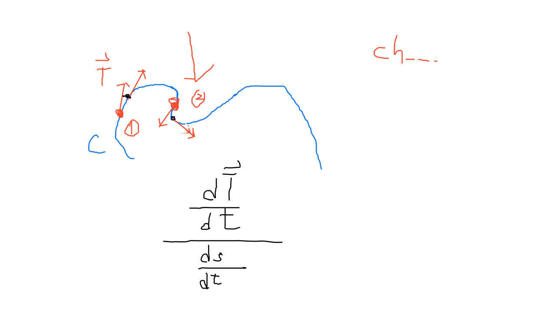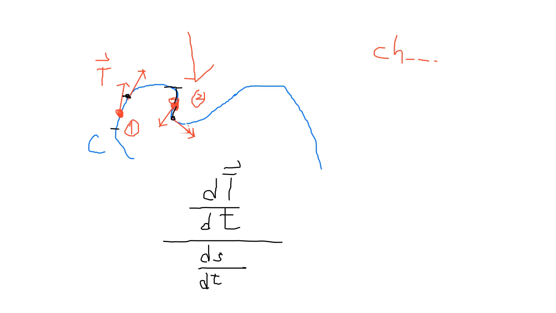With ds dt, I have to be a little careful. Relative to some point before, you have an arc length, and then you have another arc length.